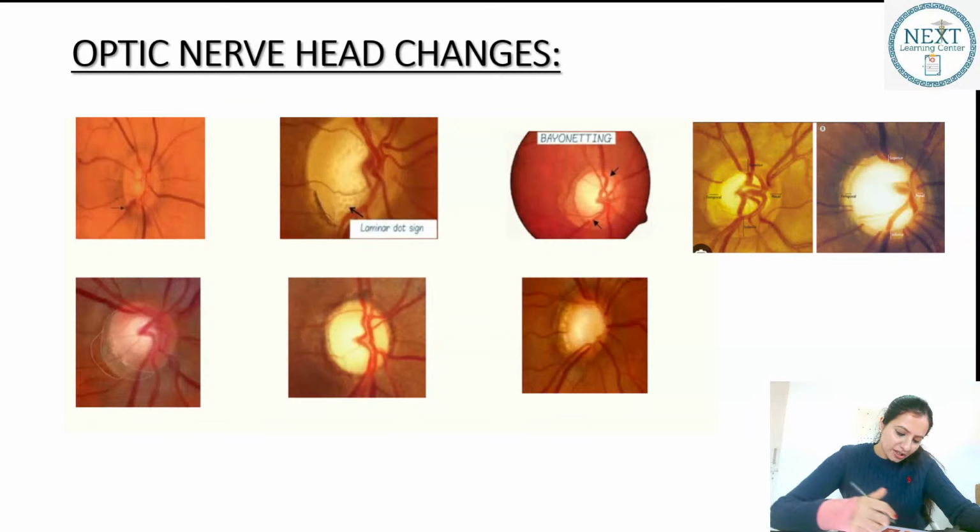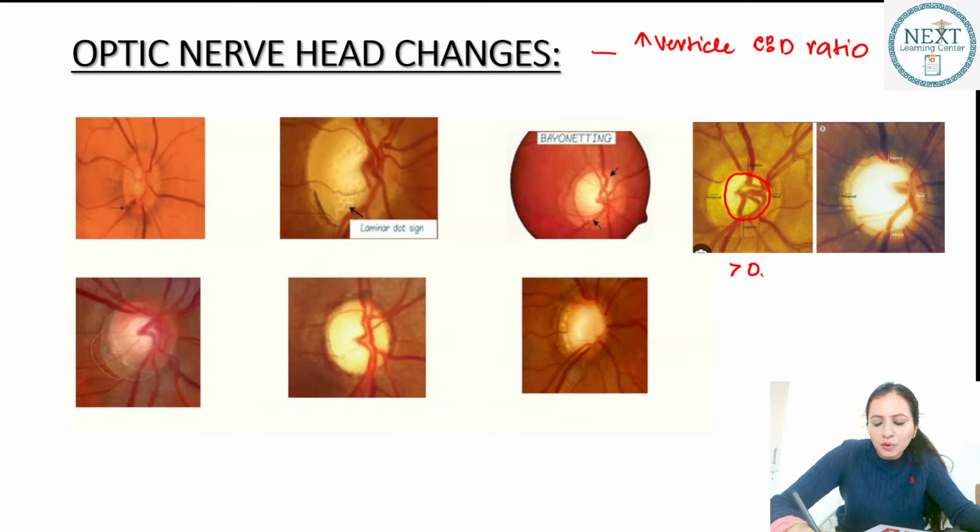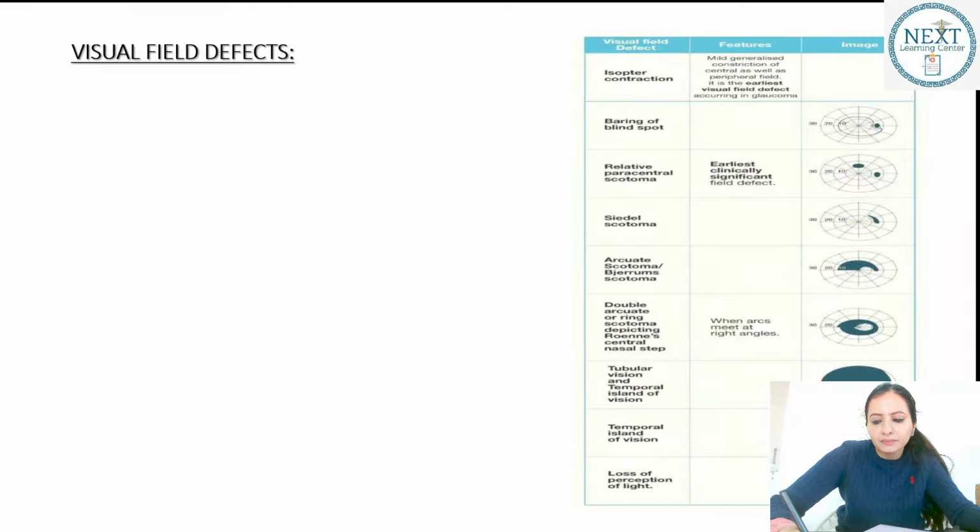Optic nerve head changes: the most important is an increase in the vertical cup to disc ratio. When this ratio is more than 0.5, that is when you call it glaucoma.